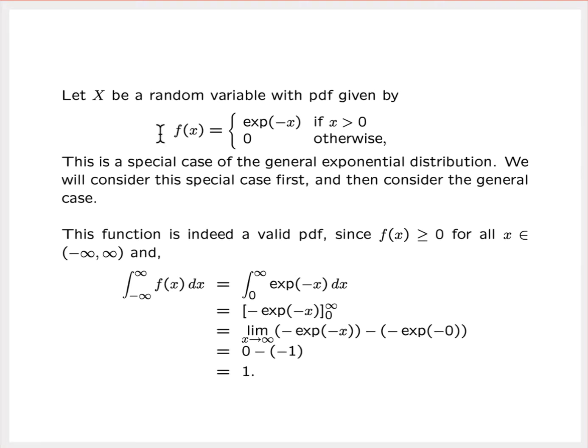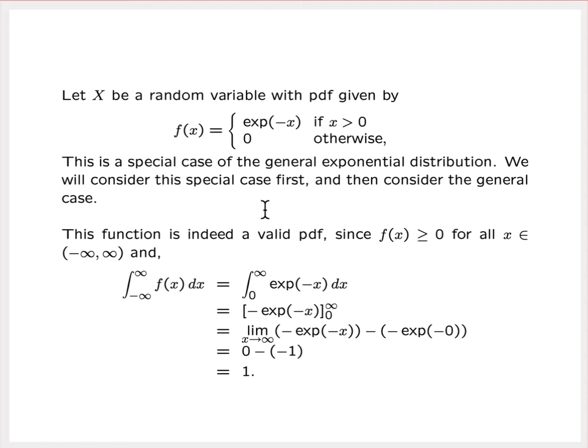I'm claiming here that this function f is a PDF, and we can prove that. We can show that it is. Remember that in order for a function to be a PDF, it has to satisfy two conditions. Number one, it's got to evaluate to a non-negative number regardless of the point at which you evaluate it. And when you integrate that function over the real line, it's got to integrate to 1.